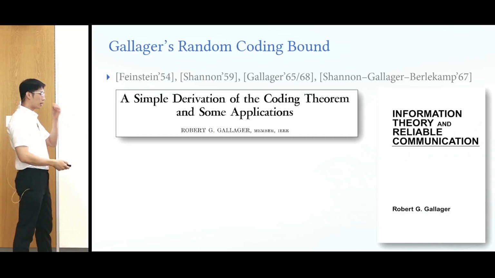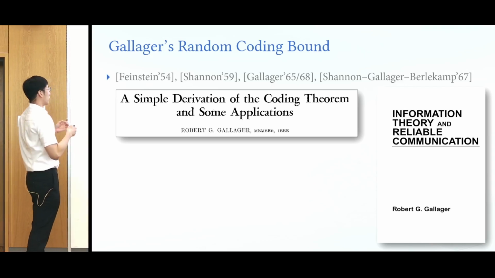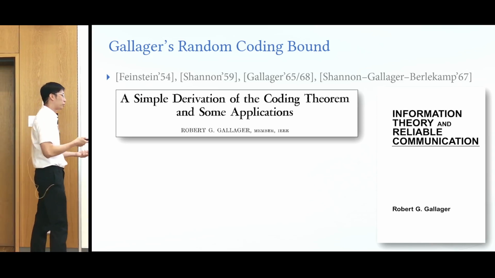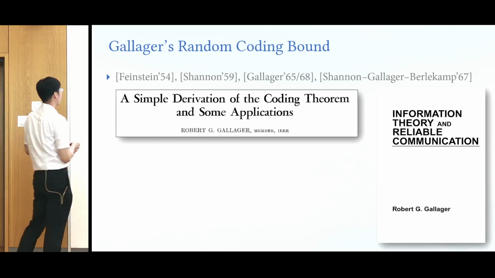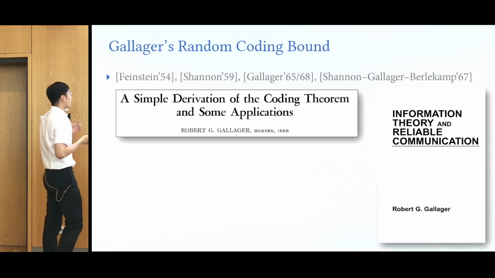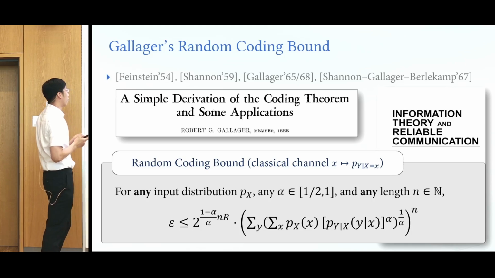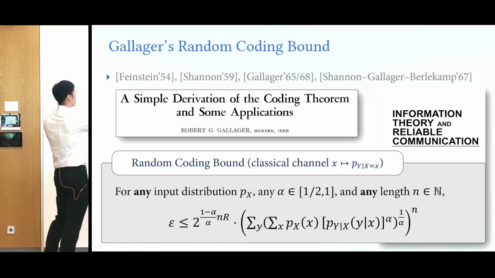Okay, so after 1948, for instance, Shannon himself and Gallager studied the convergence rate of the errors. In his papers in 1965 and later in Gallager's book in 1968, Gallager provides very beautiful bounds that hold for any input distribution which you use as the IID random code book, any copy of channel, and any code length.